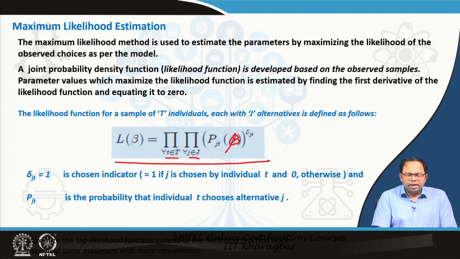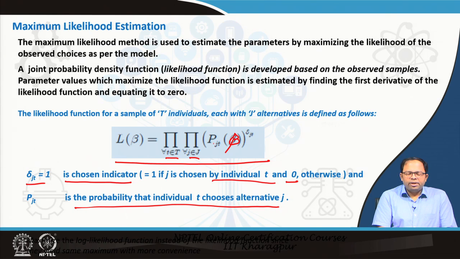The beta values for each of the characteristics are considered, and delta jt is equal to 1 if j is chosen by individual t and 0 otherwise, and pjt is the probability that individual t chooses alternative j.